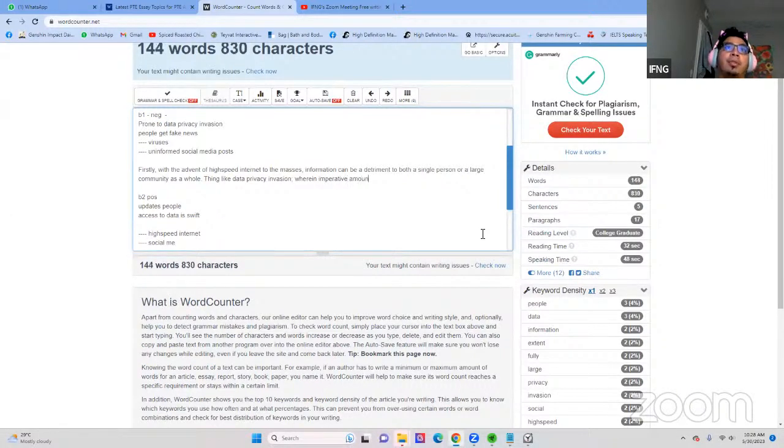Imperative amounts of data gets leaked in public forums, public spaces, public domains, such as the internet, comma.